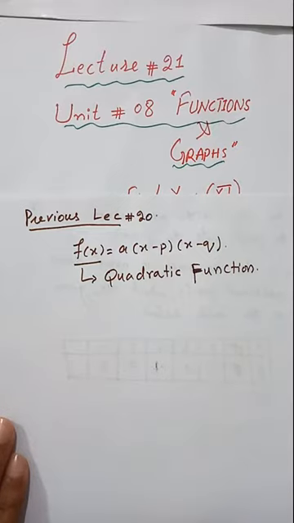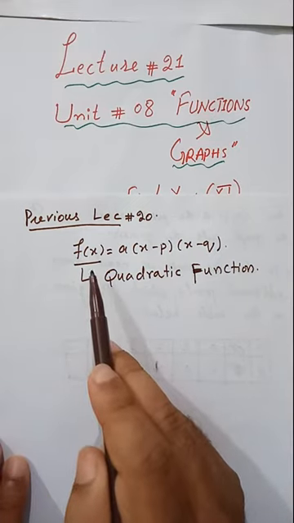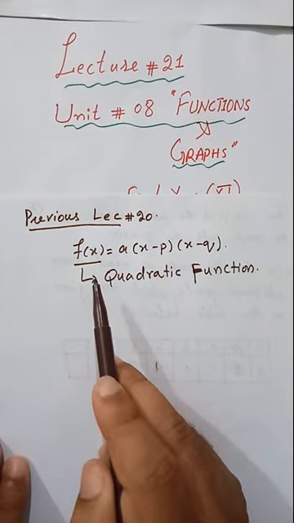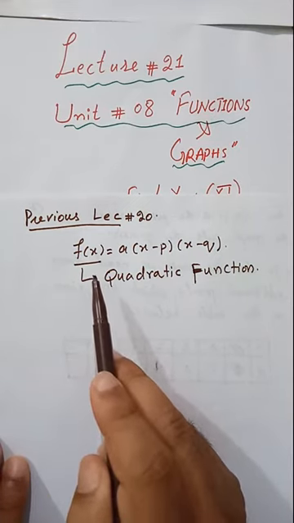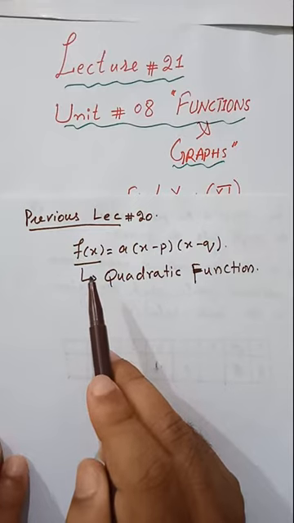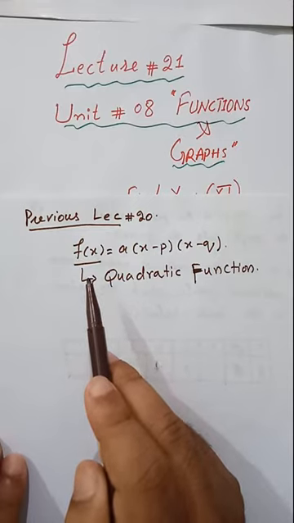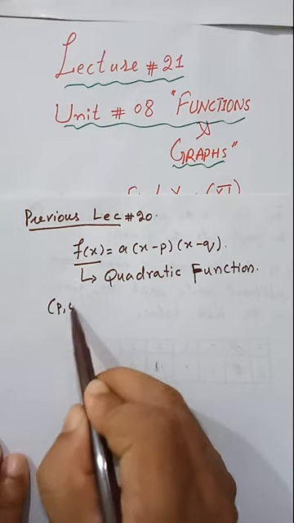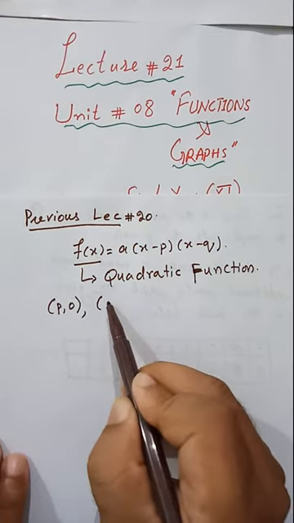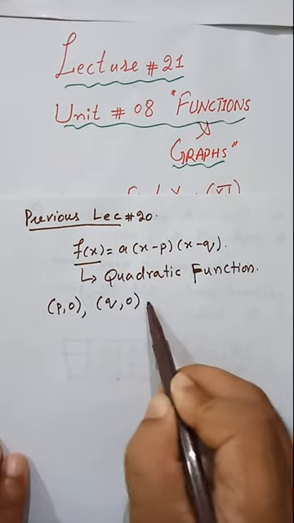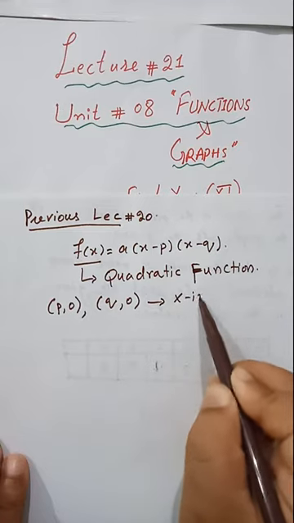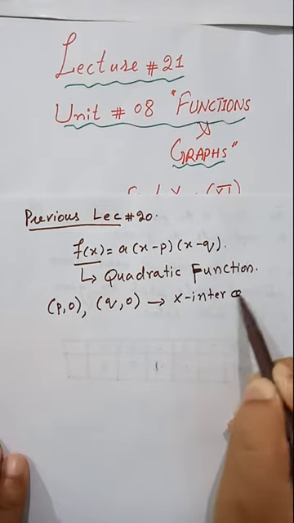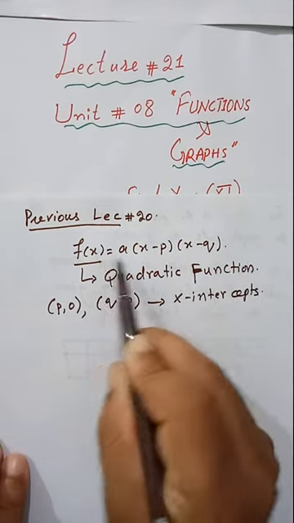So from the previous video lecture, we conclude that for quadratic functions which are given in this form, their graphs, which are parabolas, will cut the x-axis at the points (p, 0) and (q, 0), meaning these are the x-intercepts of the graph of this function.